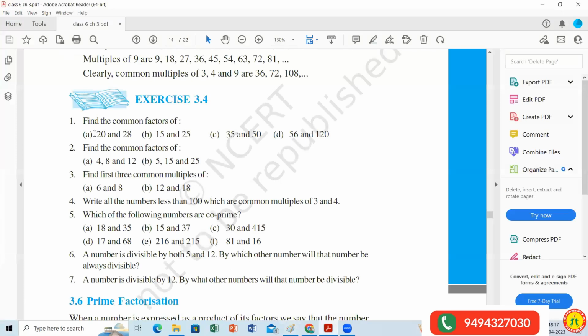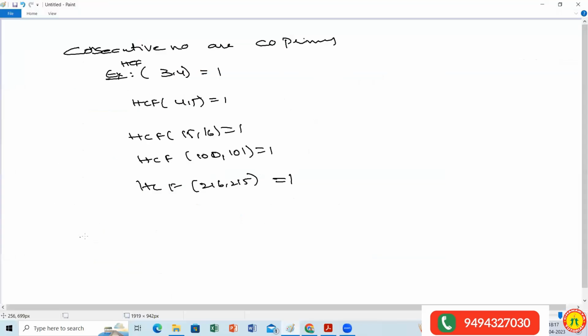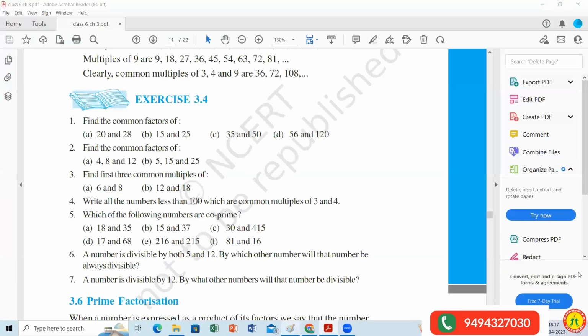Now 81 and 16. Who did not get it? Advika, Sri Tej, Aishwarya, Soumya. Okay, Advika, are 81 and 16 co-primes or not? No, ma'am. Why?